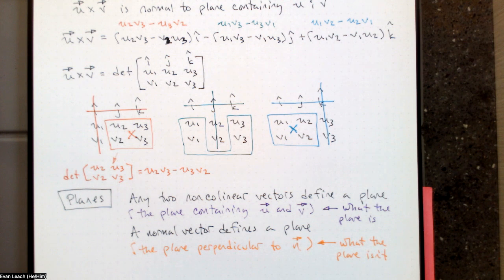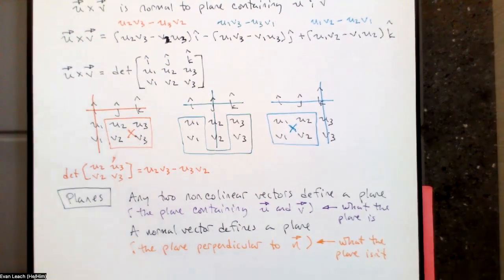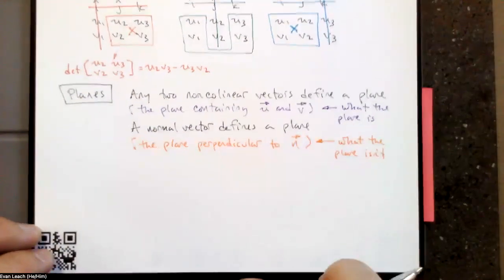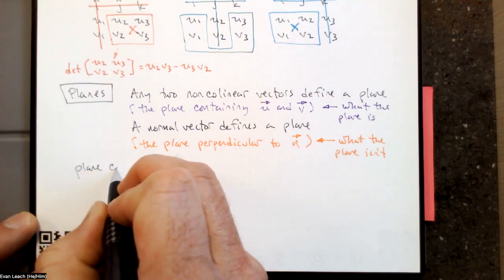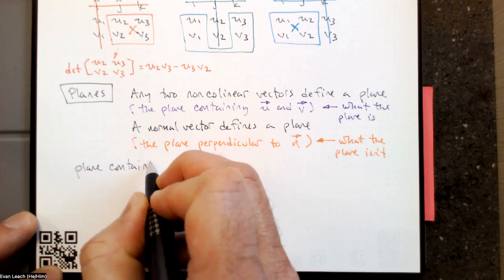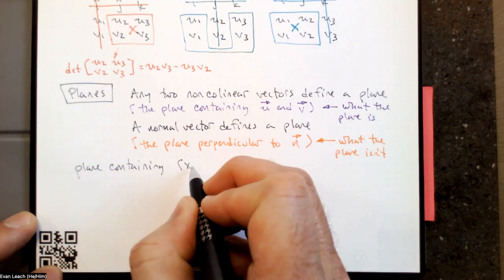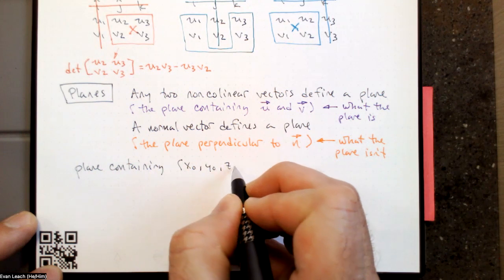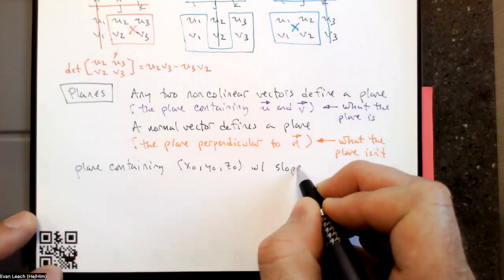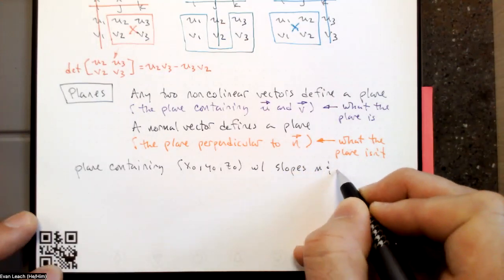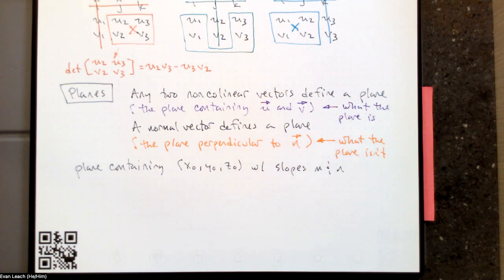So we have a couple of ways to describe a plane. We know that one of the ways we describe a plane is in a function style, a plane containing a point x naught, y naught, z naught, with slopes m and n.